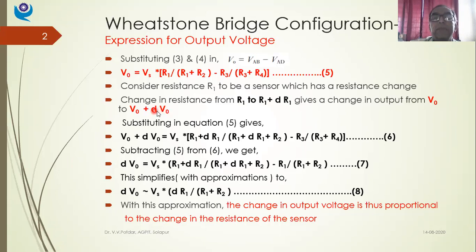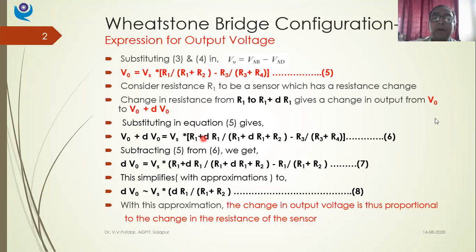From equation number 5, let us write equation number 6. So what has happened? If it is a temperature sensor, that sensor is immersed in a temperature bath. With increasing temperature, the resistance has increased, let us say. The bridge is unbalanced, it has started showing me output voltage. So that output voltage change is dV0.